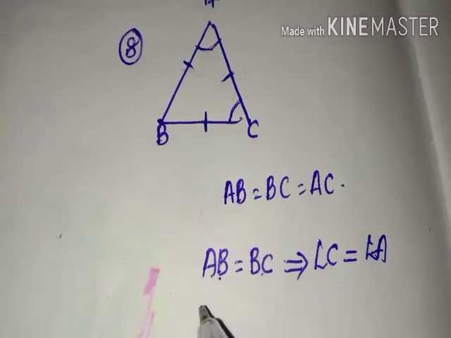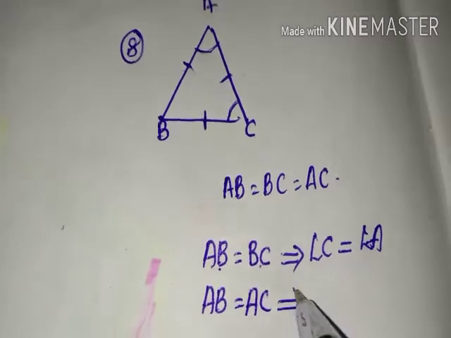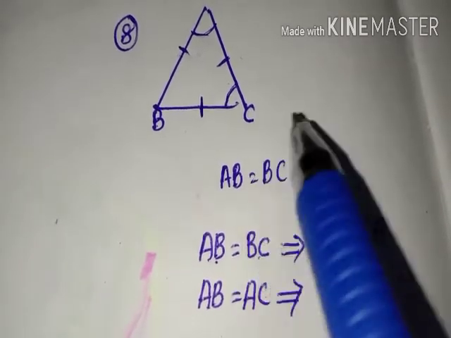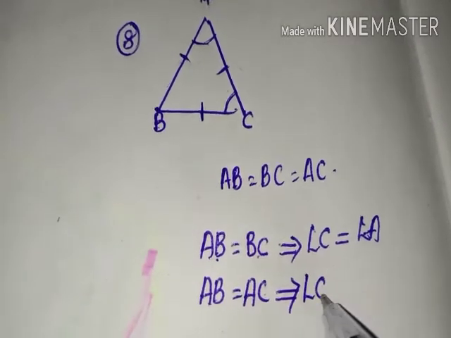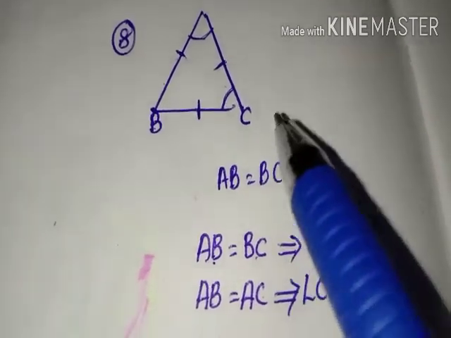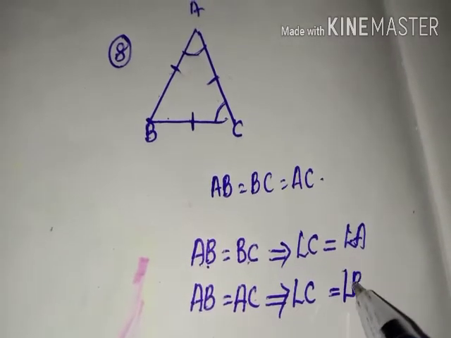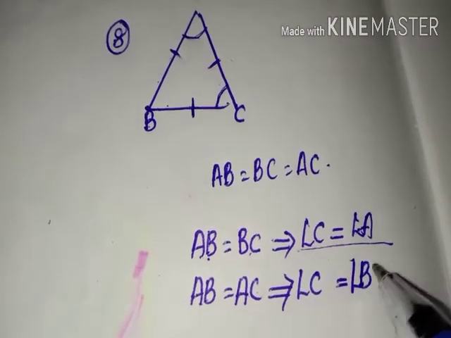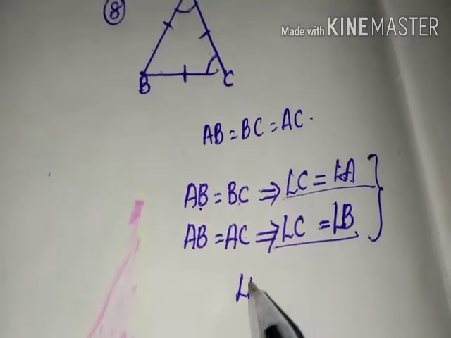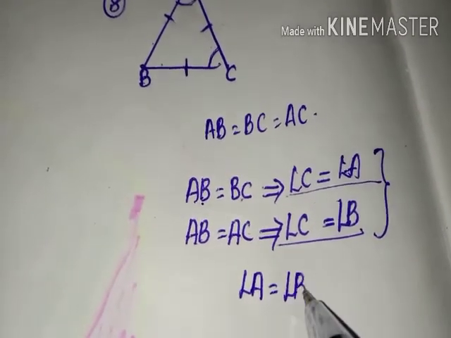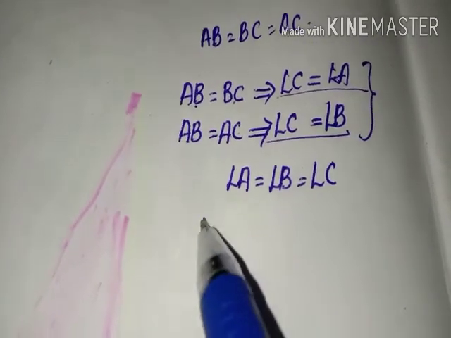Okay. Let us take AB and AC. So here angle opposite to AB is, what is it, angle C. Angle opposite to AC is, look into the figure, that is angle B. So we have angle C equal to angle A, angle C equal to angle B. That means these three angles, angle A, angle B, angle C, these three angles are equal.